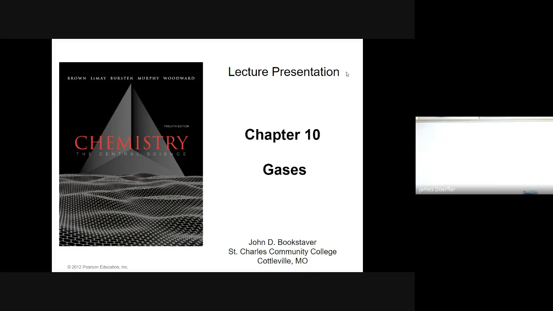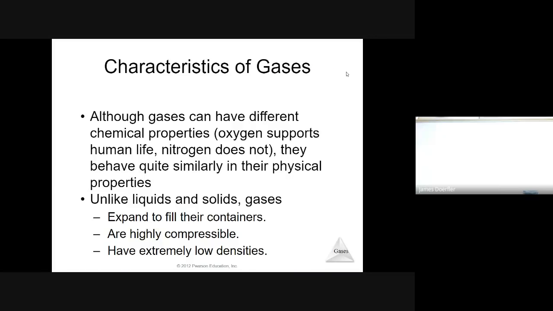Okay. So, talking about gases. Gases can obviously have very different properties, just like elements on the periodic table all have very unique properties associated with them. Gases are unique in their way. If we look at oxygen and nitrogen, oxygen sustains life. Nitrogen does not, in terms of humans. Plant life obviously really likes nitrogen, but for us, we utilize oxygen to help us breathe.